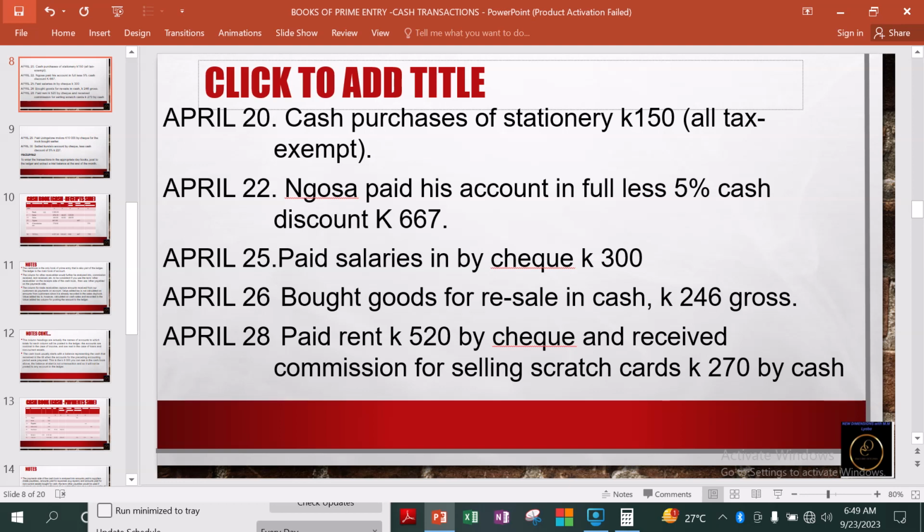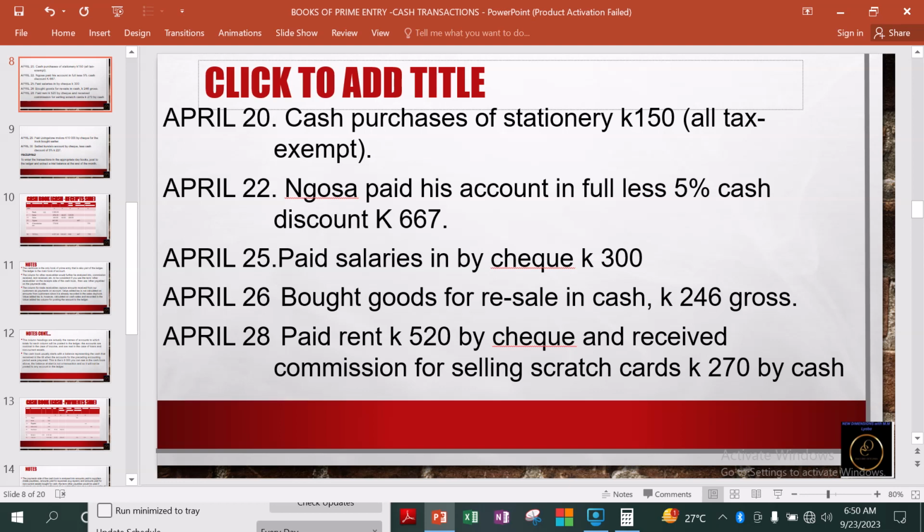So when you see a figure indicating gross, it simply means this figure, in this case 246, includes VAT. VAT is already included in there. So how do we separate VAT from this figure? I'm going to show you how you calculate this using the VAT fraction.